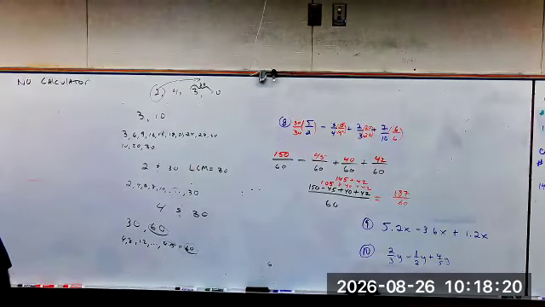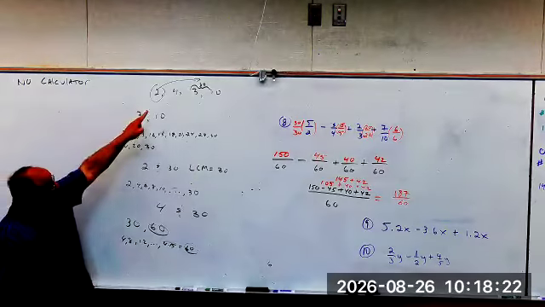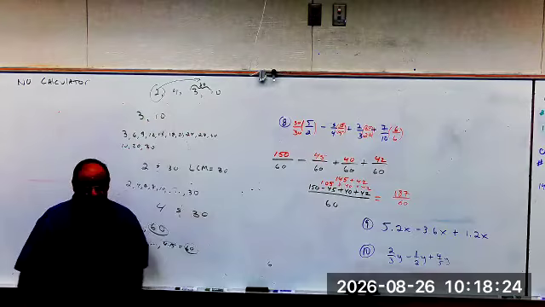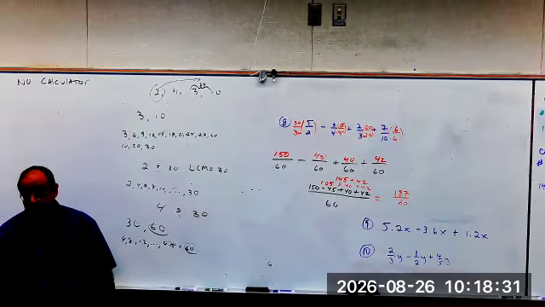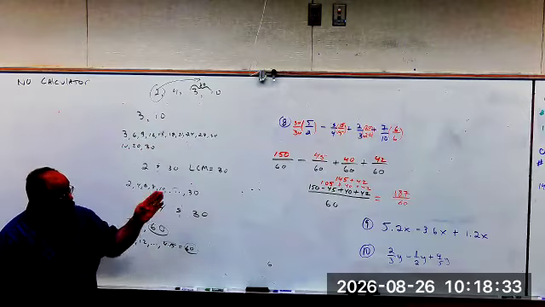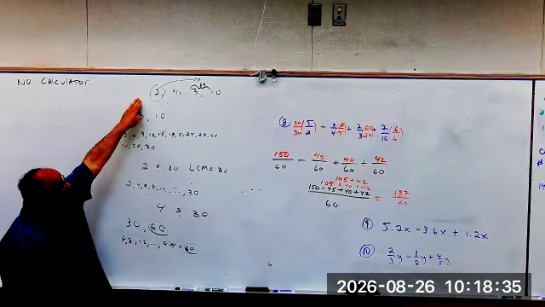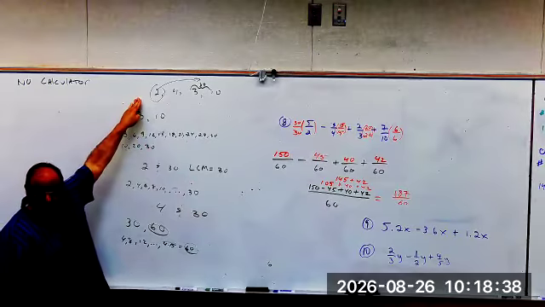The only things going into 60 are 2s and 3s and 4s and 5s and 10s. Now, 187: if 2 and 3 don't go, 6 won't go. 187 is not even, so 2 doesn't work. And if 2 doesn't work, 4 is not going to work.